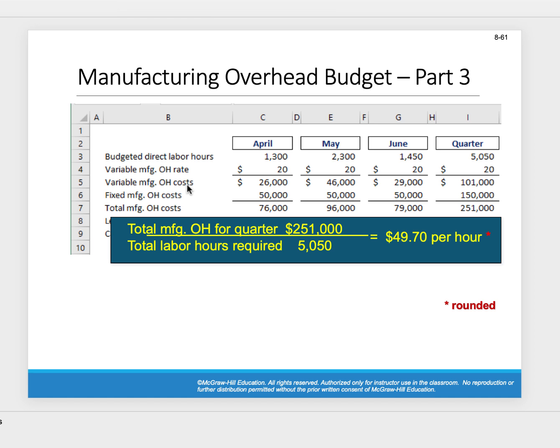We get $49.70 per hour. That right there, my friends, is a predetermined overhead rate, right? That's what we're doing. We just broke it down into quarters, and we're saying, hey, because we're budgeting, we have no idea. Here's what we anticipate on scheduling, paying, incurring, selling.